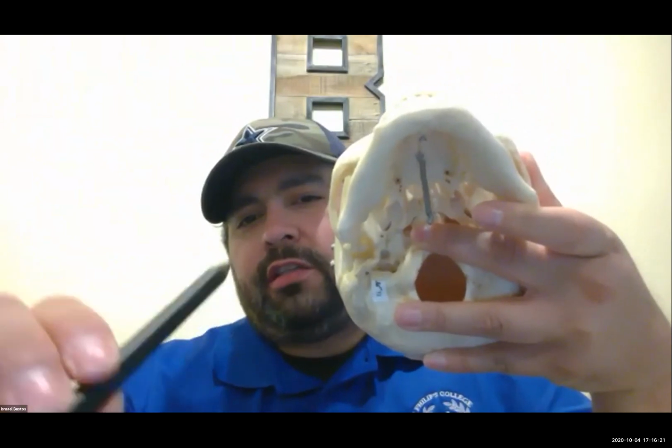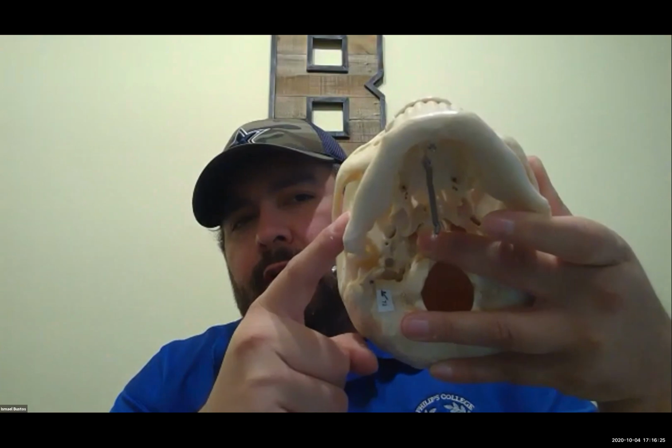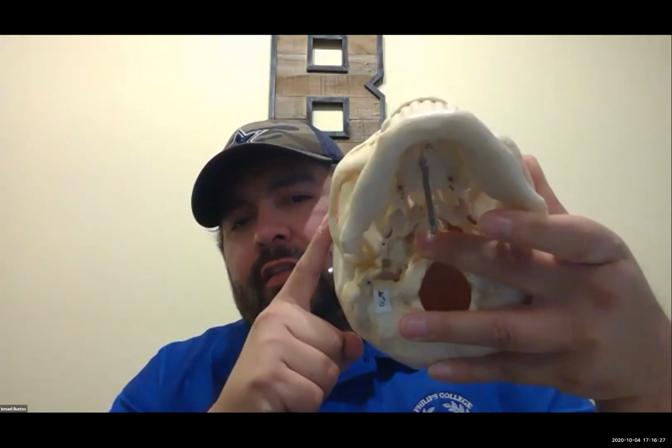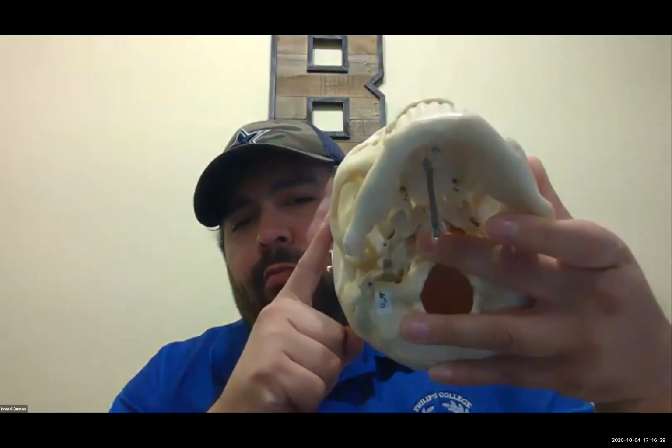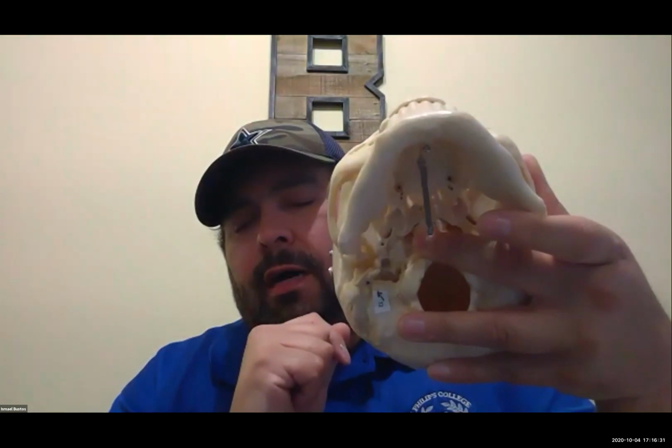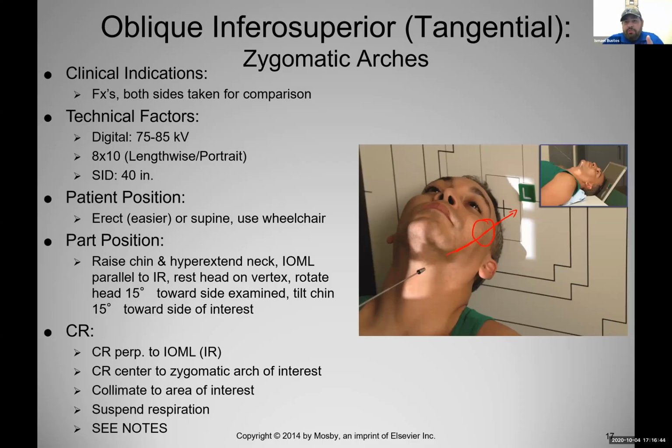And your CR is going to come this way, skim this mandible here, skim the zygomatic arch, and then skim the parietal eminence of the parietal bone, right? And then it'll hit the image receptor. Hopefully that helped you to kind of visualize what it's going to do. Important thing to remember, it's 15 degrees head rotation towards the affected side, 15-degree tilt of the chin towards the affected side, okay?